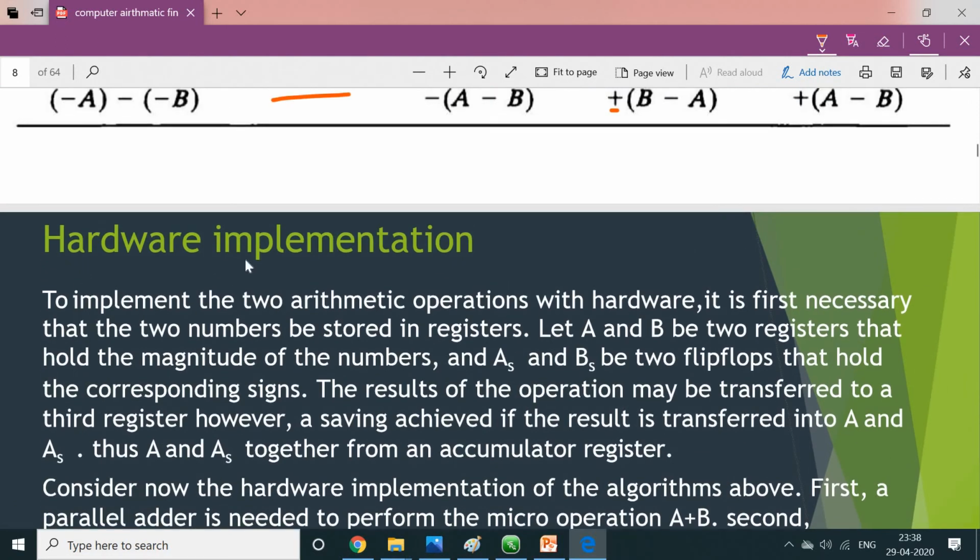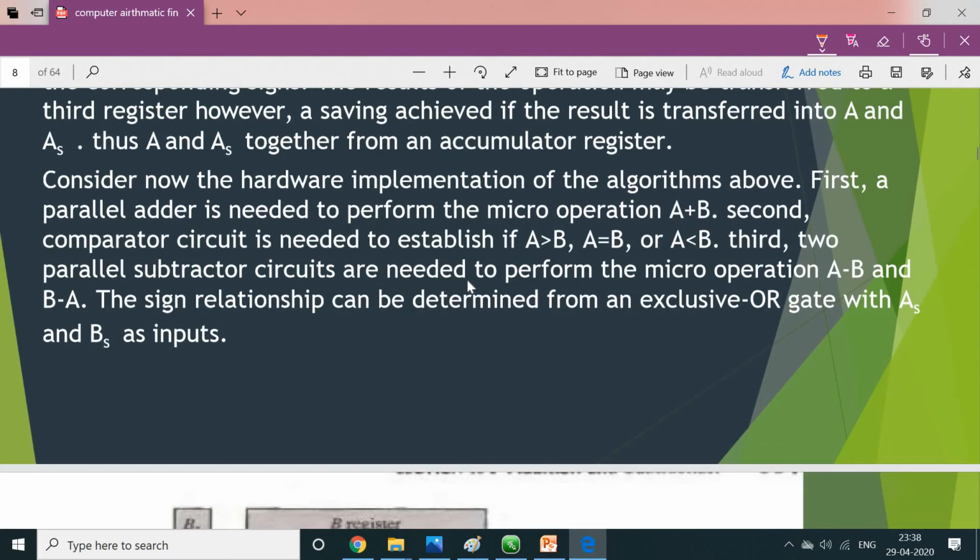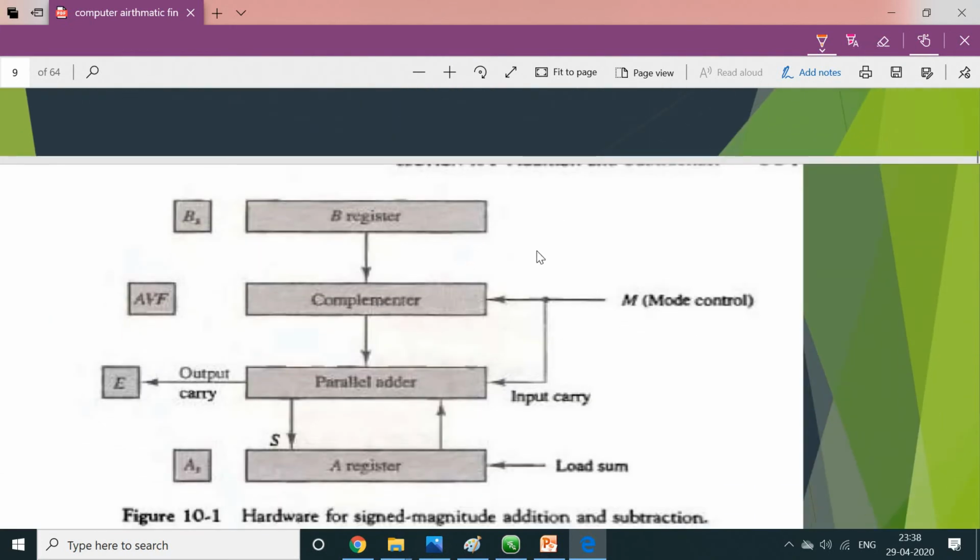Coming to the hardware implementation. In hardware implementation, it is a very easy operation. First of all, we are going to observe the major blocks here: this is the B register, complementer and parallel adder, and A register.